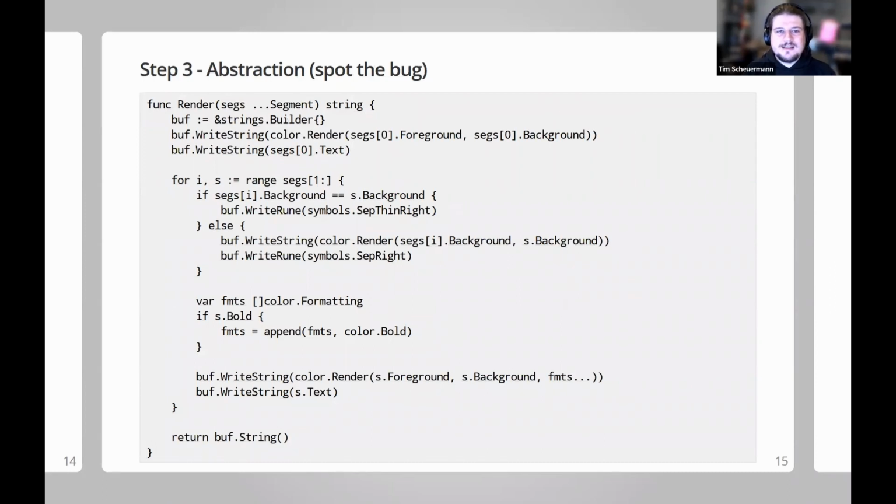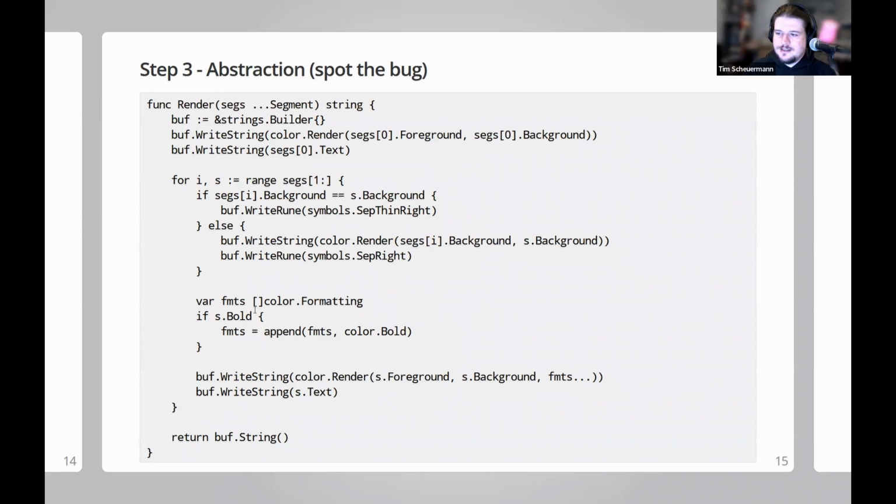What this does is render the first segment up here, and then it iterates over the rest of the segments and inserts the separator. It compares the two background colors. If they're the same, it just inserts a thin separator, that chevron, and otherwise it will insert a full separator with the proper color set.